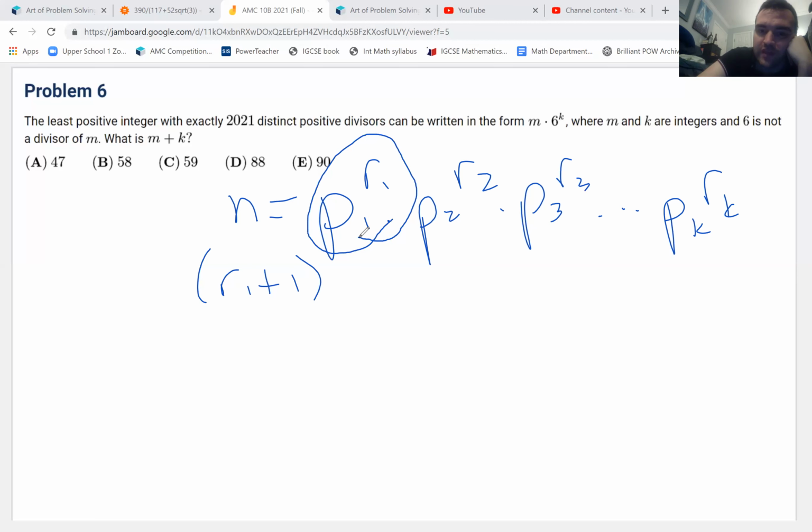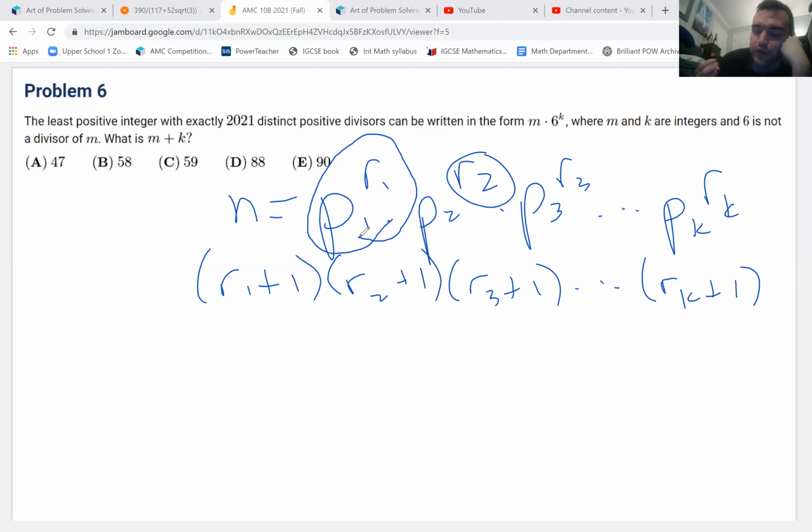Then for p2, you have r2 plus 1, because again, 0 to r2. And then r3 plus 1, all the way up to rk plus 1. So essentially, to find the number of factors that a number has, you make its prime factorization, and then you take the power of all the primes plus 1 and multiply them together. That gives you the total number of factors that number has.